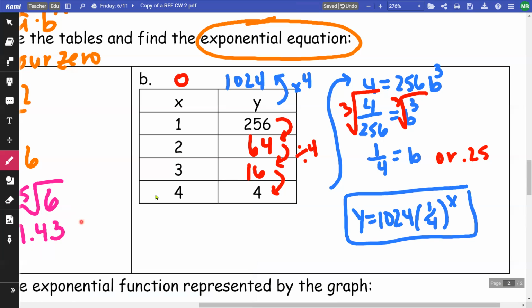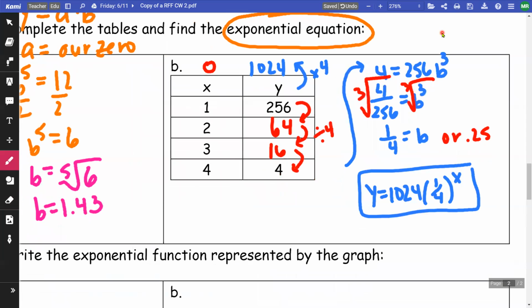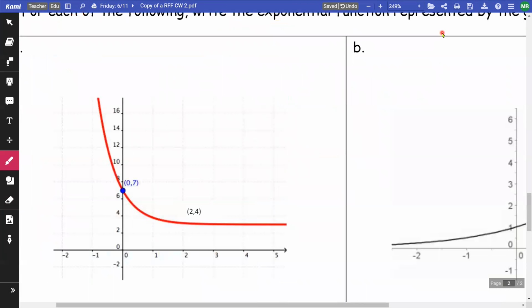Okay, on the next problem. On this one here, this 2,4 is going to be a point, and this 0,7, and this is exponential. So again, we're trying to get y equal a times b to the power x.